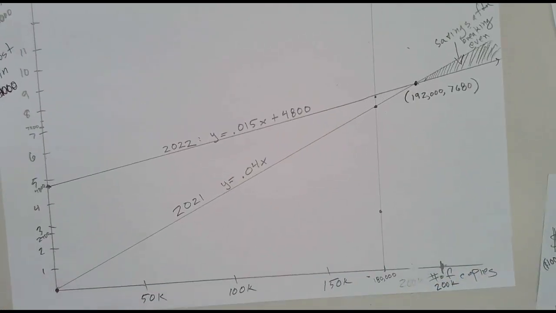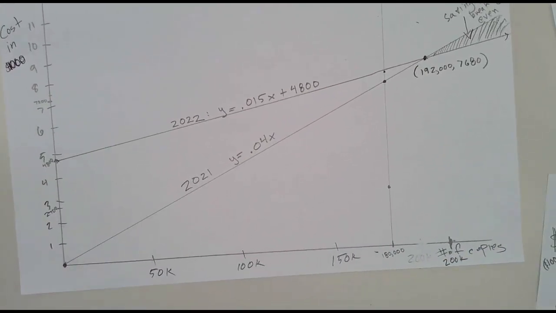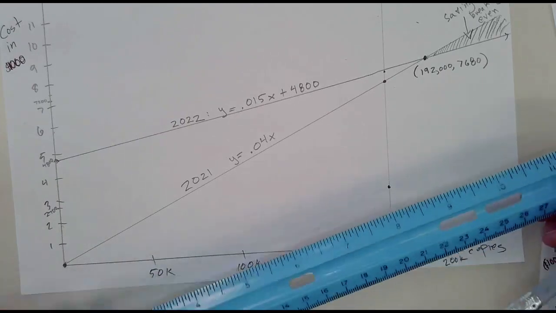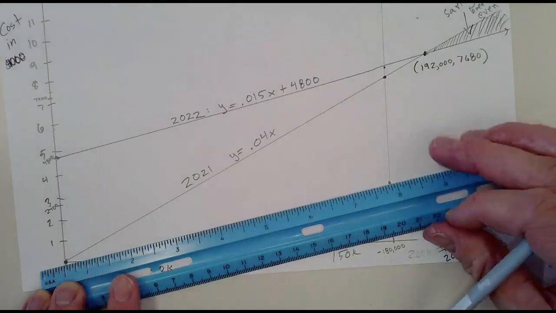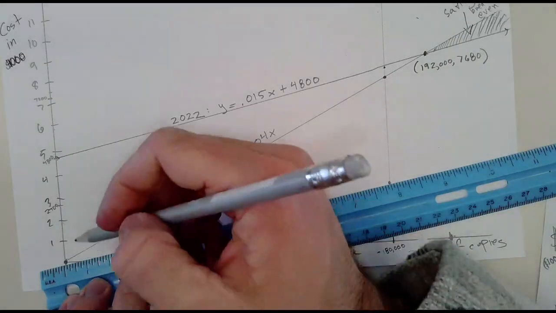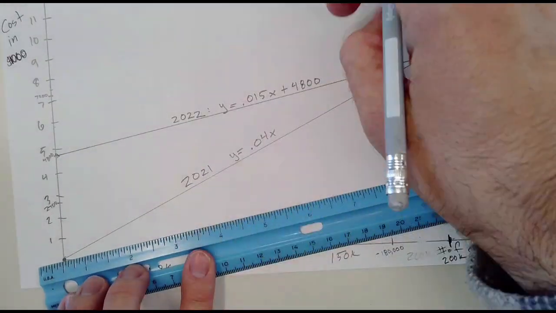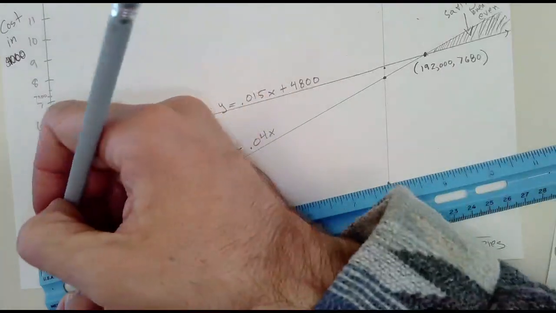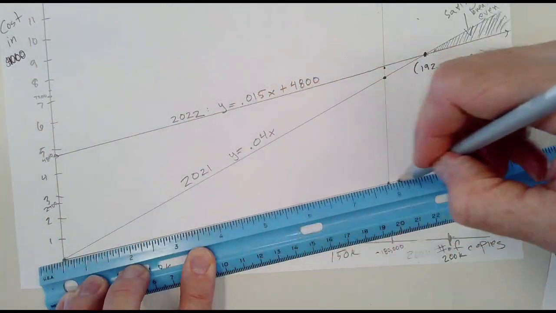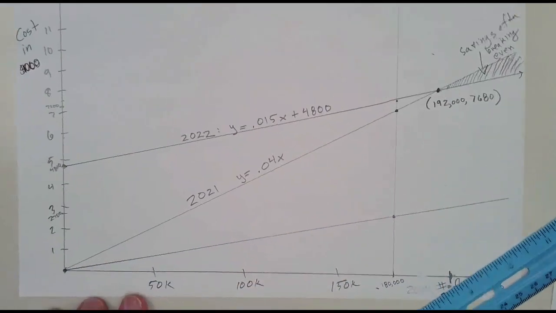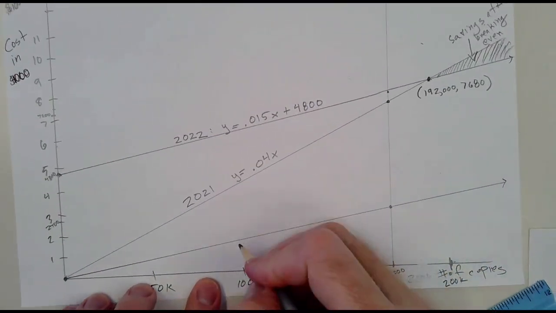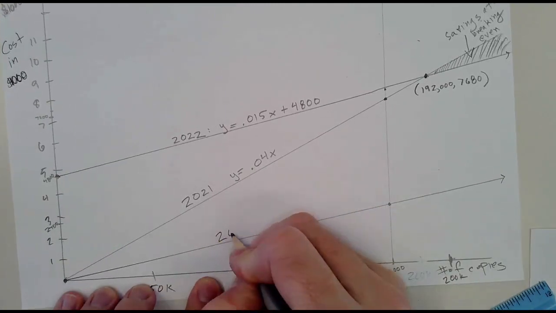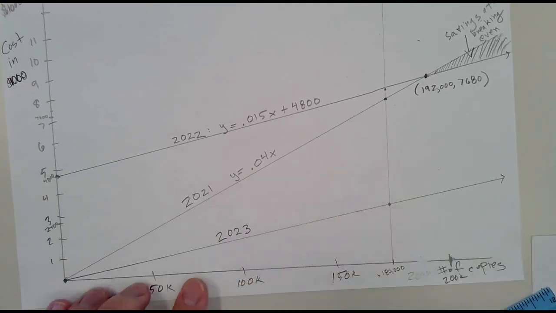It costs us 0 to make 0, and it cost us $2,700 to make 180,000 copies in 2023. Let's get this line right here. Okay, this is 2023. Sorry, my graph's so wonky here. And so label that, please, 2023.